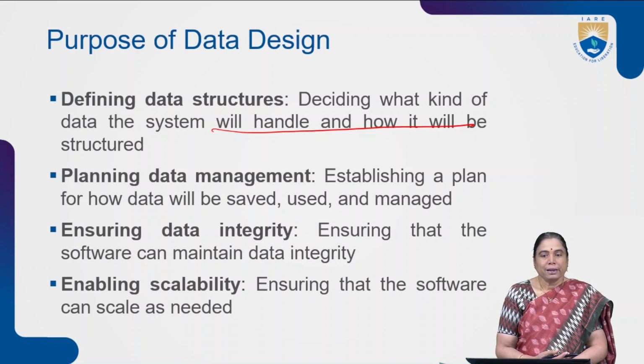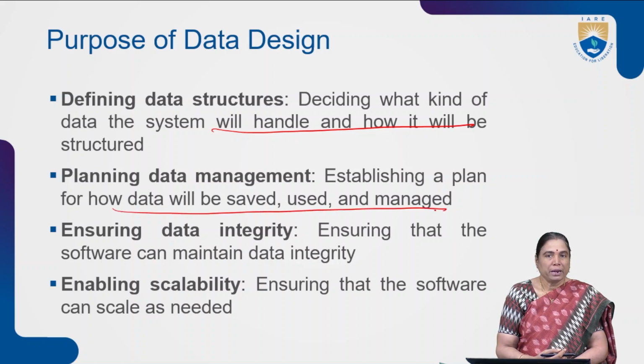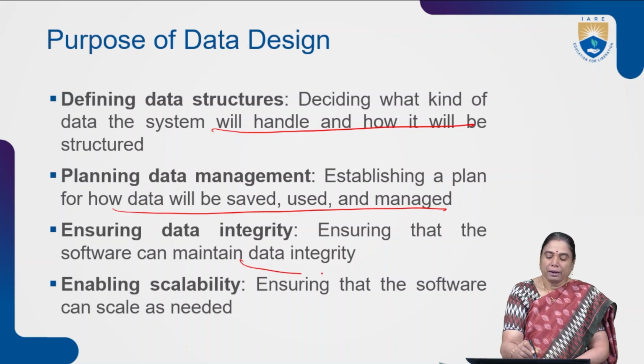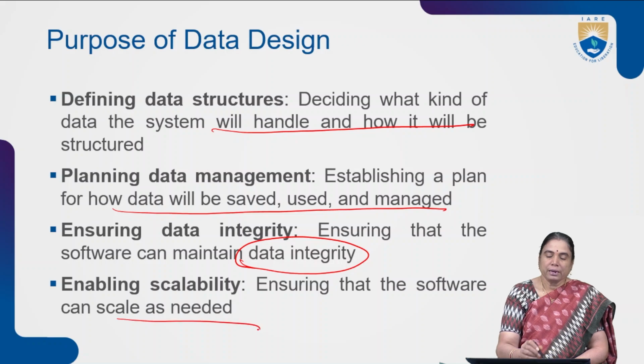It also plans the data management, establishing a plan of how data will be saved, used, managed, updated, and deleted, how all operations can be supported, and ensuring data integrity so the software can maintain data integrity. A variety of integrity constraints are used for this purpose, like unique data maintenance, primary key, foreign key, etc. It also enables scalability, ensuring that the software can scale as needed.